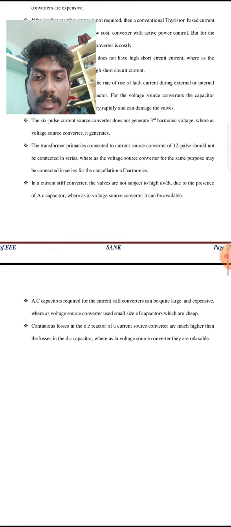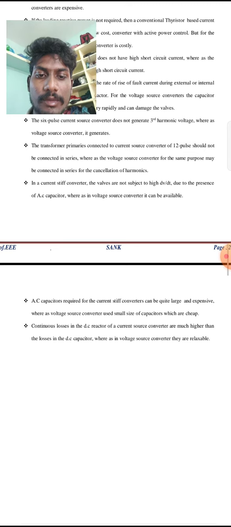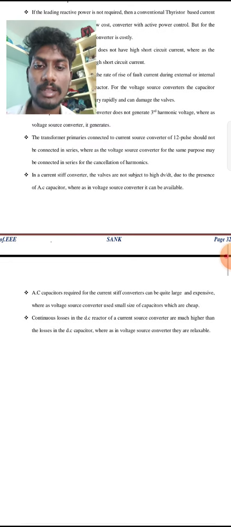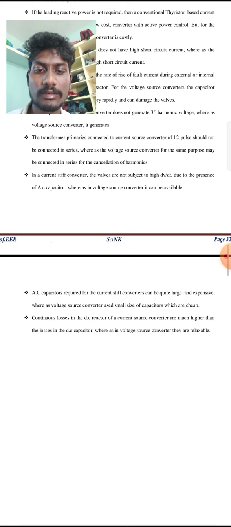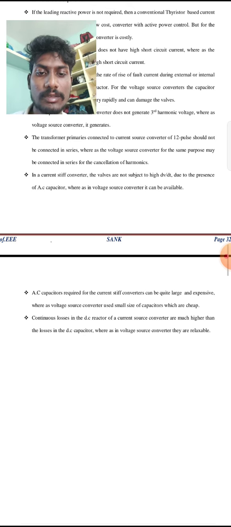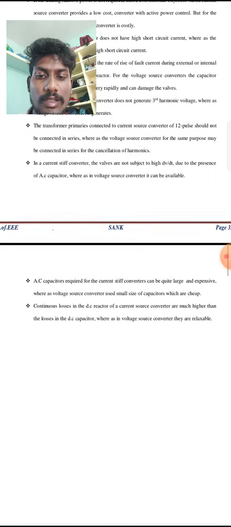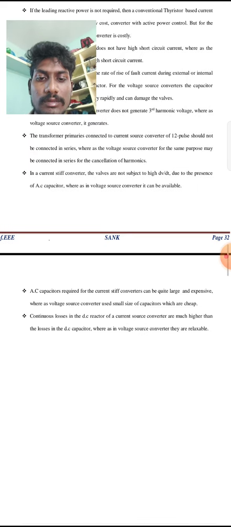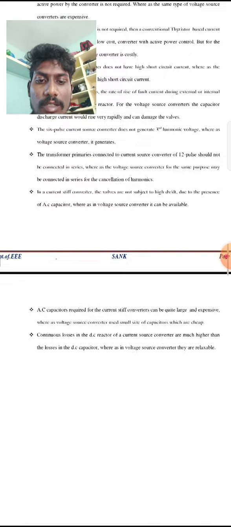AC capacitors required for the current source converters can be quite large and sensitive, whereas a voltage source converter uses small size capacitors which are cheap. Continuous losses in the DC reactor of a current source converter are much higher than the losses in the DC capacitor of a voltage source converter.